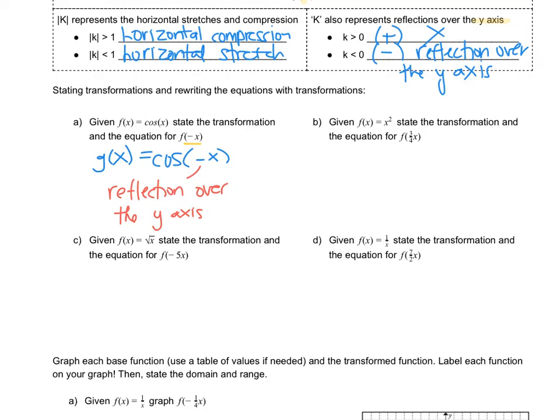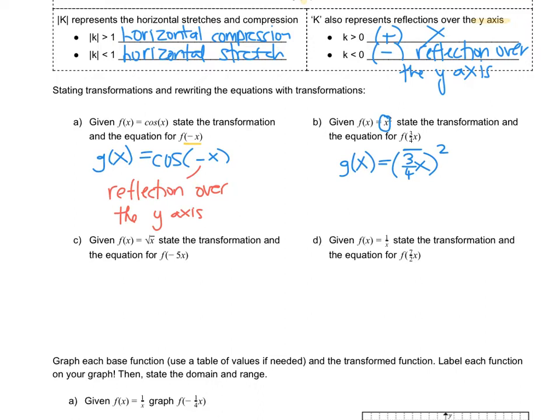All right, let's try the next one. For the next one, we have a parabola, and inside the bracket, we have 3/4x. So I'm going to replace the x in x squared with 3/4x. And I'm going to put that in brackets and then apply the exponent. So for the horizontal stuff, the function applies to all of those transformations.